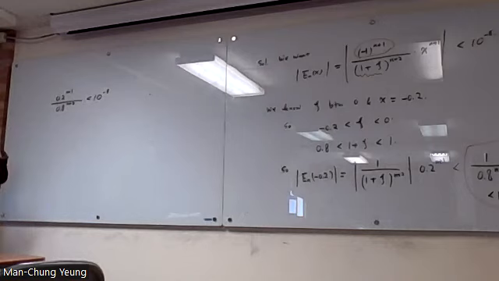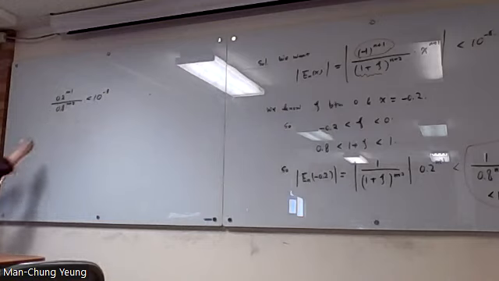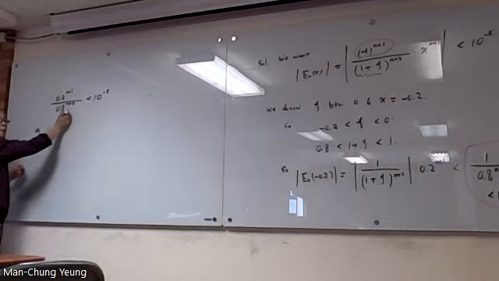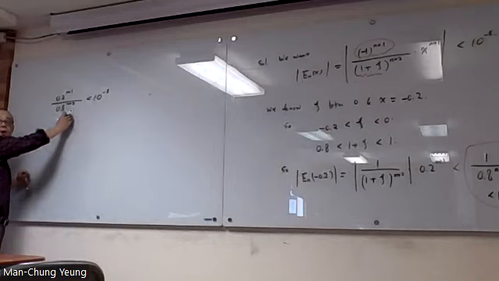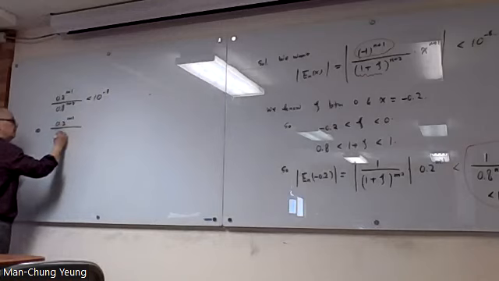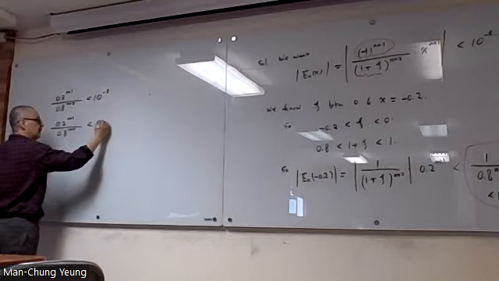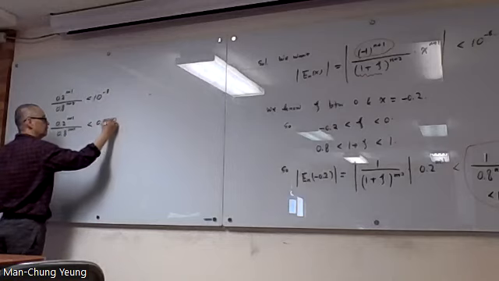How to solve this inequality for n? The bottom has 0.8, so maybe move 0.8 to the right side.